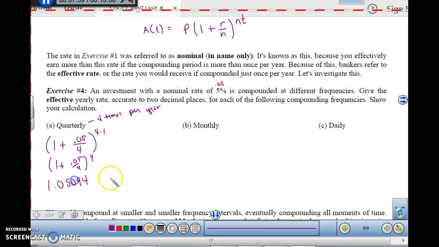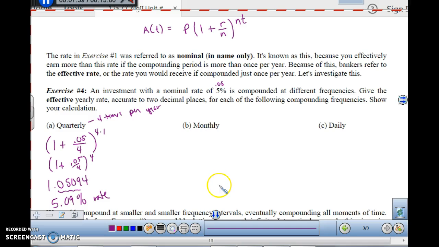What is the effective yearly rate to 2 decimal places? This would be the yearly rate right here, because it's 100% over that. So this would be approximately 5.09% interest, that would be your rate quarterly. So that's a little bit more than 5%.